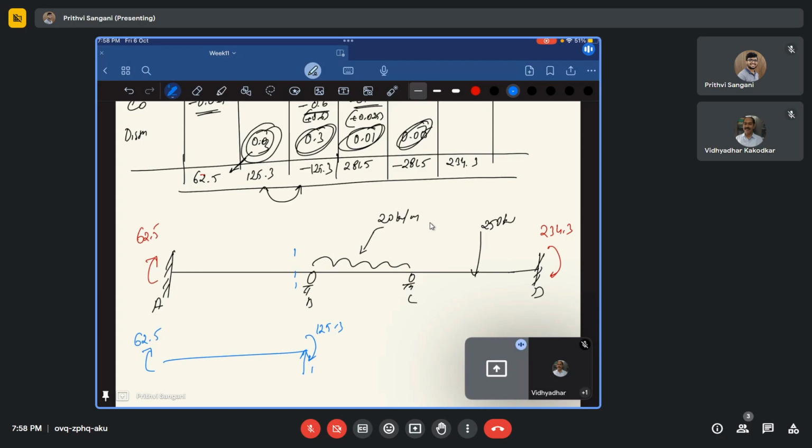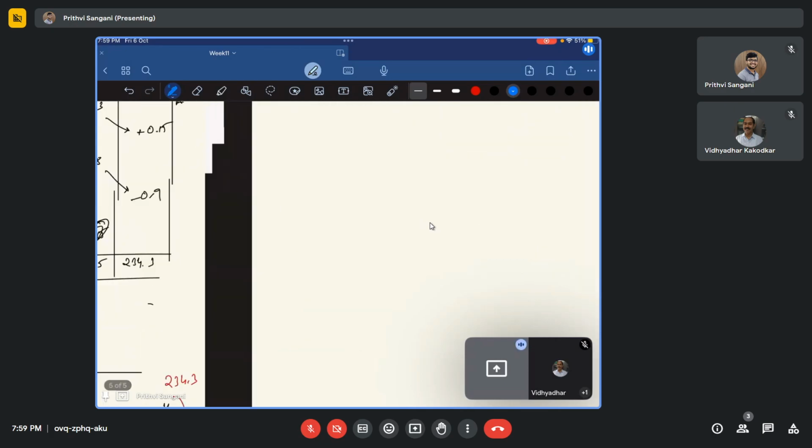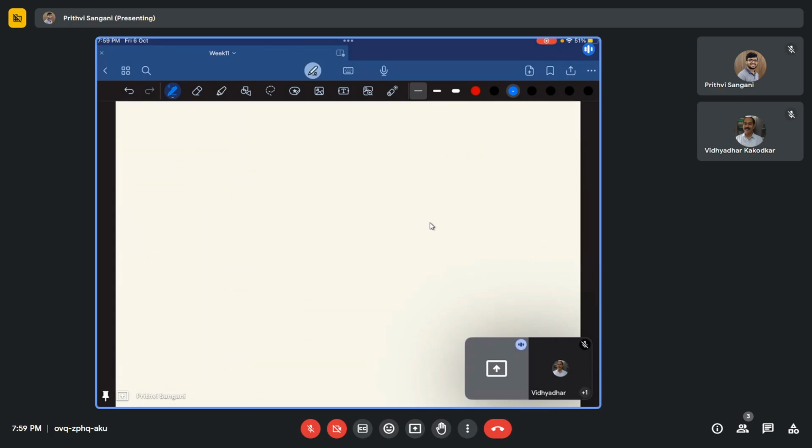So this is going to be 125 plus 3.3 by this by L. So this is nothing but 15.6 kilonewtons. So if this is upwards, this is downwards, because there are no external forces in that span. So this is going to be downwards. Similarly, you can find out what is happening at B and C and D. Okay. So I'll just write down the complete.